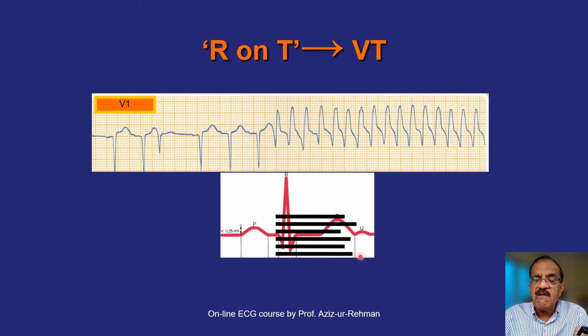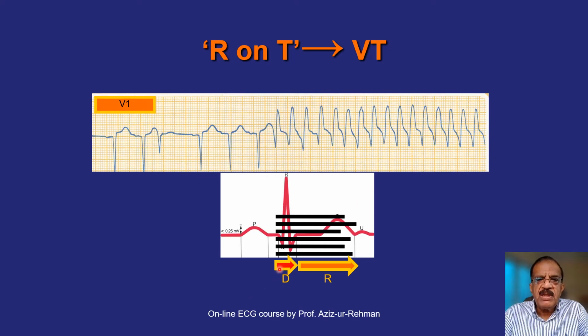So there is differentiation. Some myocytes have recovered. These bars indicate refractoriness. At this point, for example, this muscle has recovered and this one has not. At this point, this muscle has recovered and this one has not. And this would predispose to R on T. I'm going to explain it further by enlarging this picture.